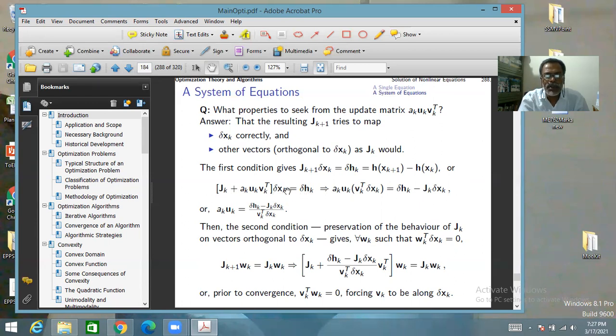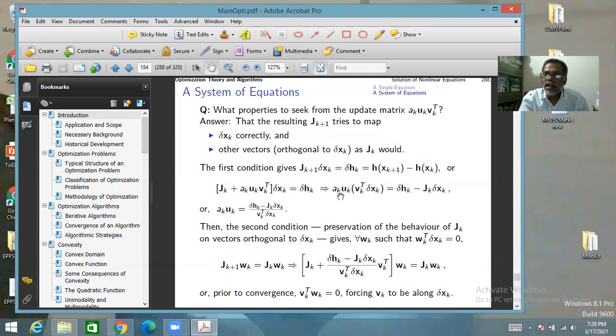Now when you multiply it out and take Jk delta xk on the other side of the equality, you have got delta hk minus Jk times delta xk, and that leaves the rest, Ak Uk Vk transpose delta xk. Now matrix multiplication is associative, so Vk transpose delta xk you can put like this, and this is a scalar. Now this scalar times this vector is equal to this vector.